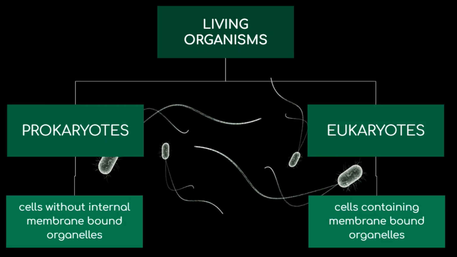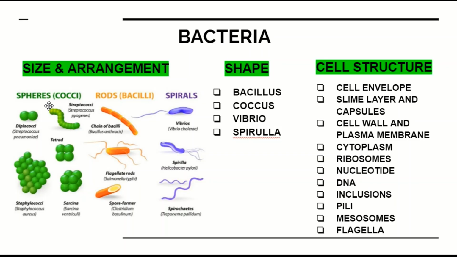Now, let's start. Firstly, we will understand about bacteria. Here we are going to understand the shape, size, arrangement and cell structure of bacteria. As you can see, these are the different shapes of bacteria. First one is bacillus.